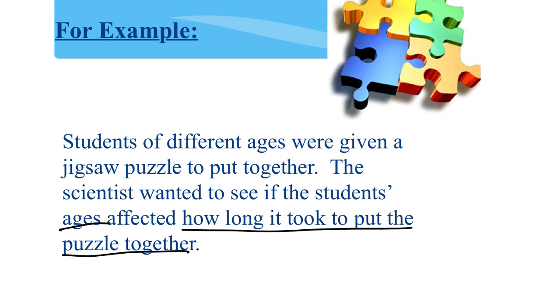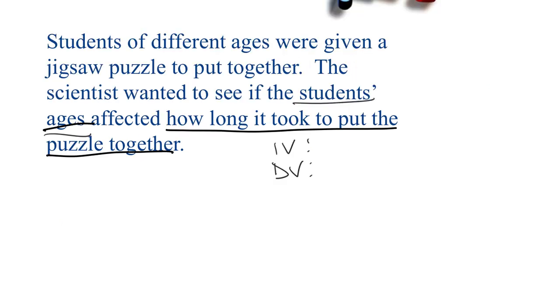So these researchers are seeing how the students' ages affect the time it takes them to complete a puzzle. Okay, so which one's the independent variable? Which one's the dependent variable? This one I think of as, what depends on what?